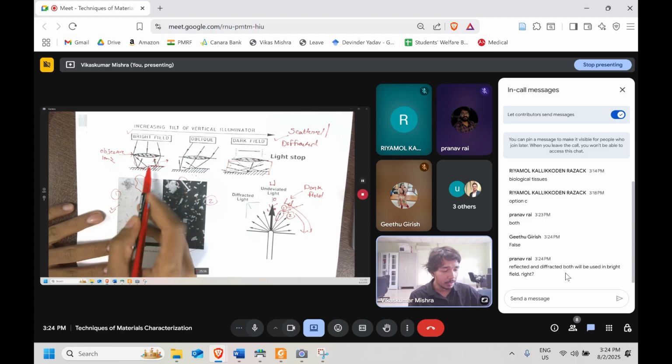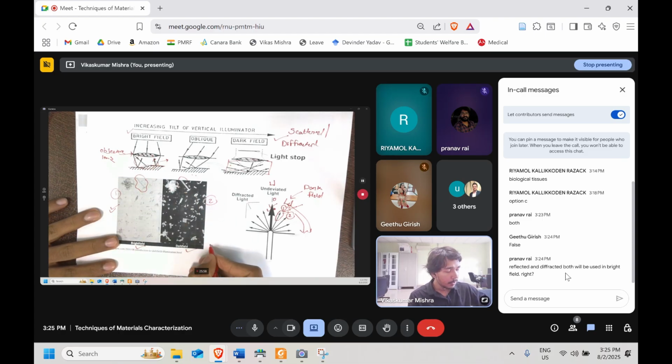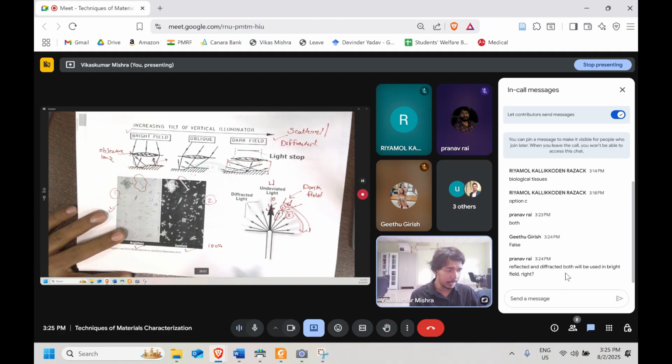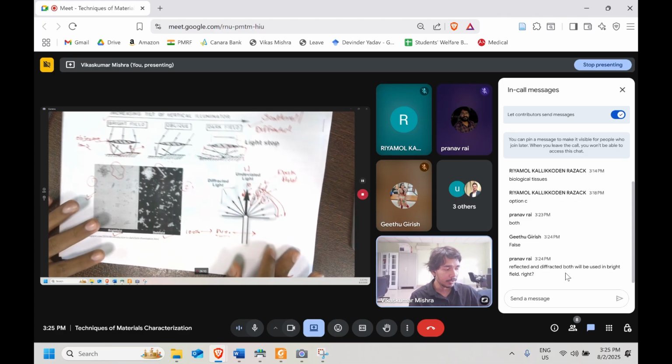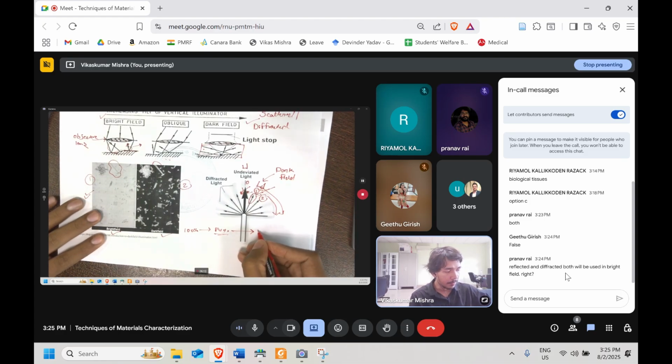This is what we are using. Let's say we pass 100% of the light. Out of that, 84% is the one which is carrying this first one, and this is the one which is going to be used for the reflected, in the bright field.